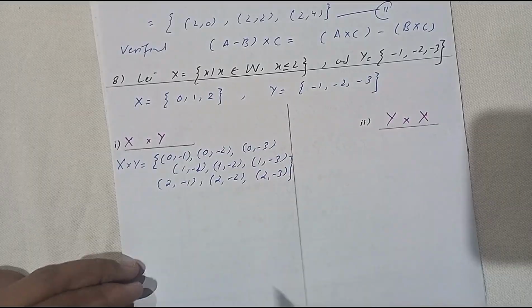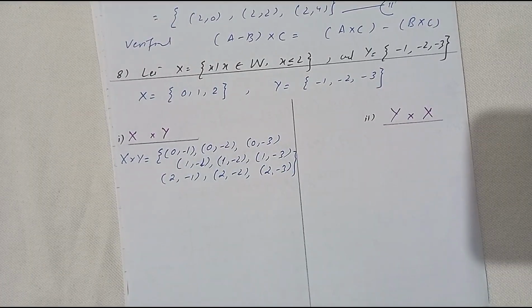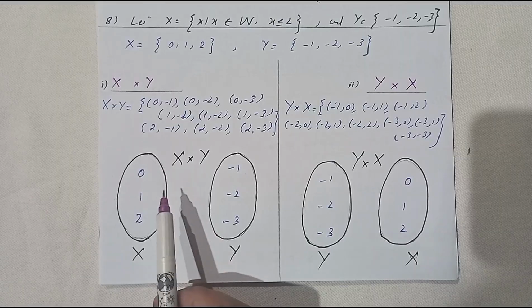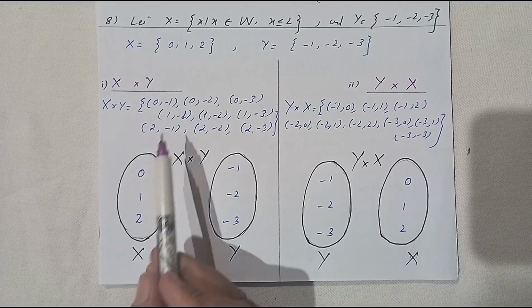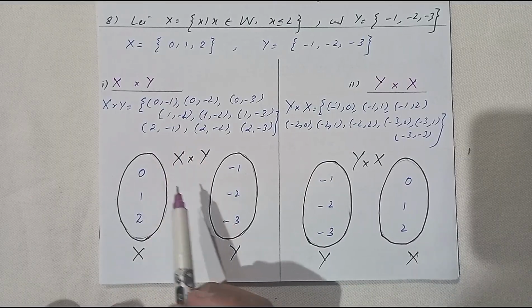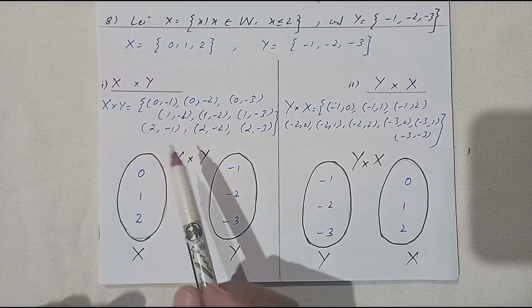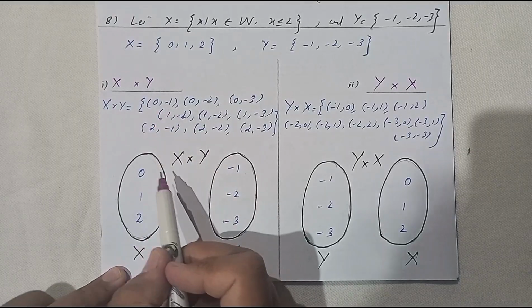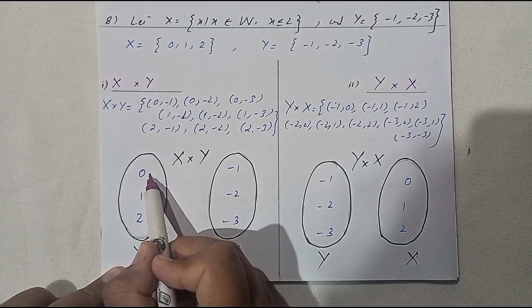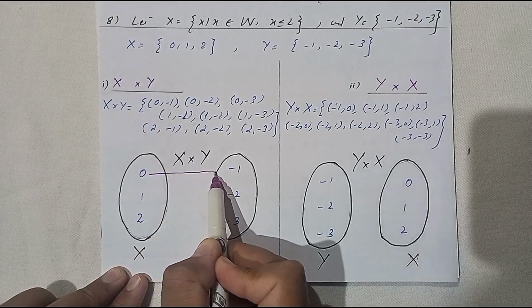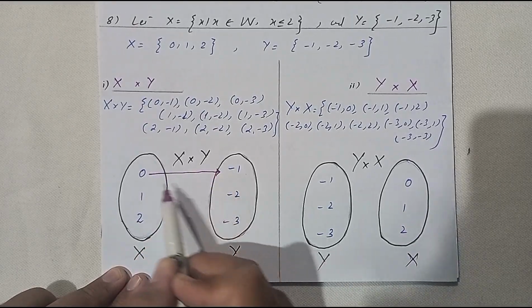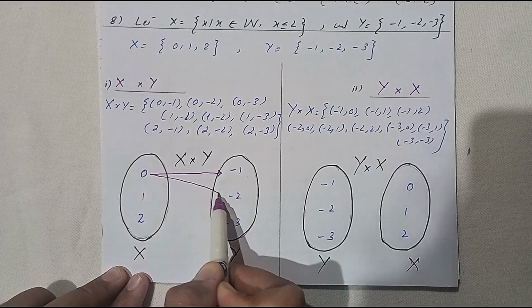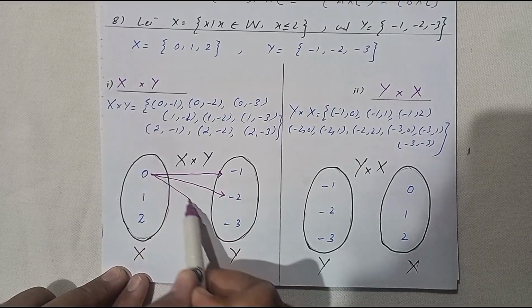Now we represent all the ordered pairs in an arrow diagram. So in the last part we represent the cross product by arrow diagram. First we plot (0,1). 0 is with 1, this arrow, and then 0 with 2, and 0 with 3.